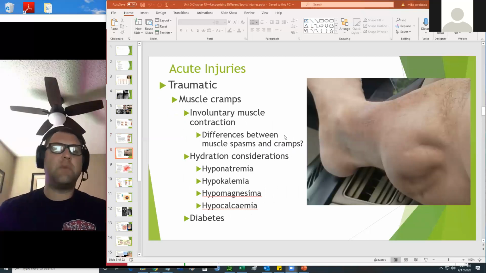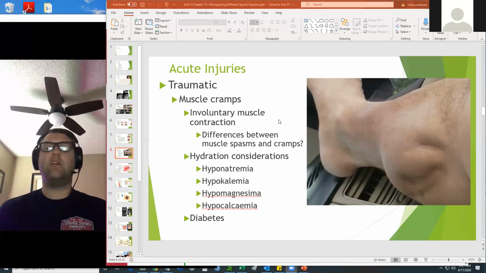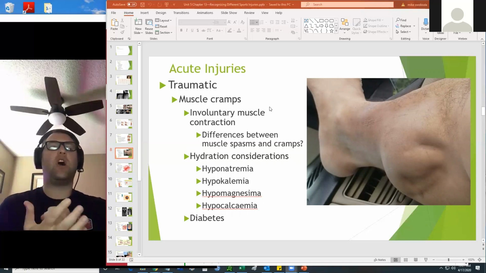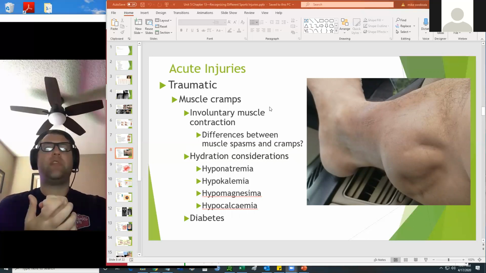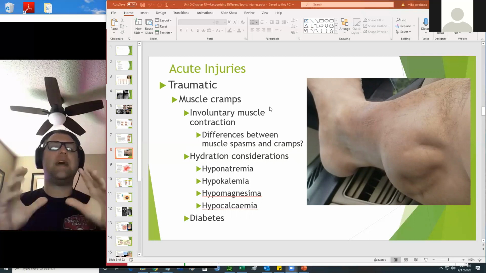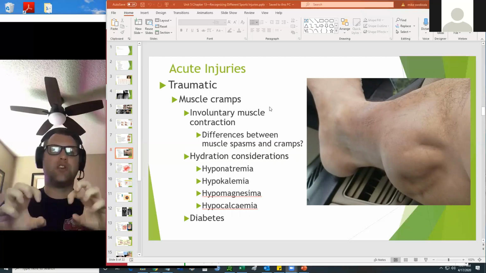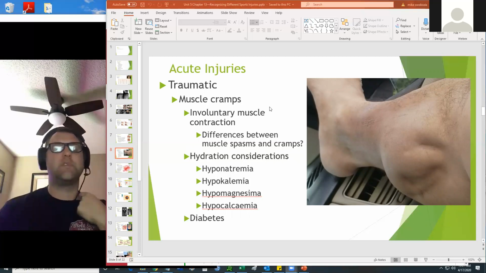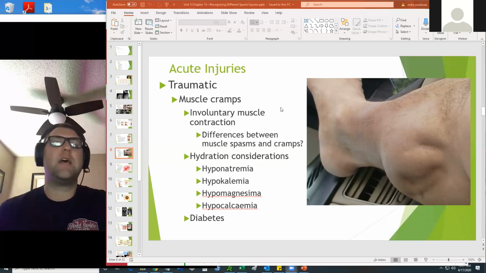Everyone's had muscle cramps. These are just involuntary muscle contractions. A cramp and a spasm are virtually the same thing, in the sense that they're both involuntary, but a cramp will typically be one solid onset with little relaxation, whereas a spasm will contract and relax, then contract and relax multiple times.